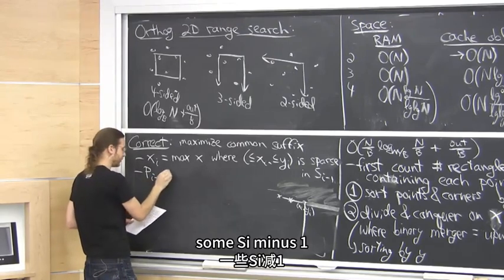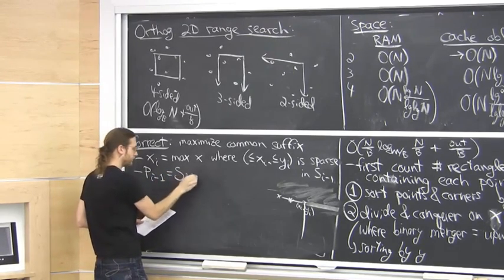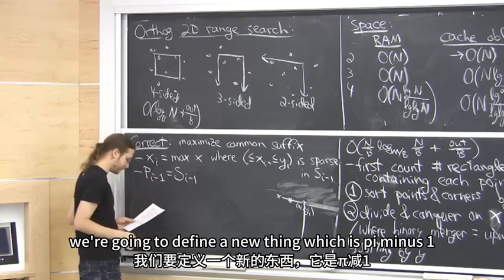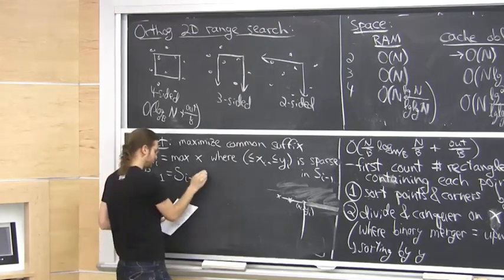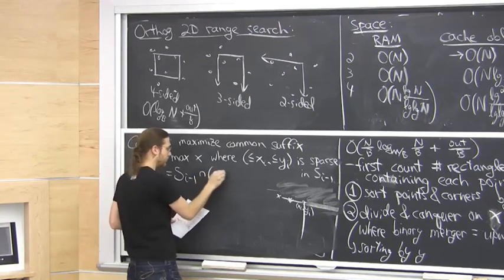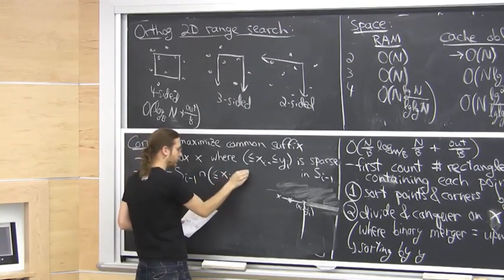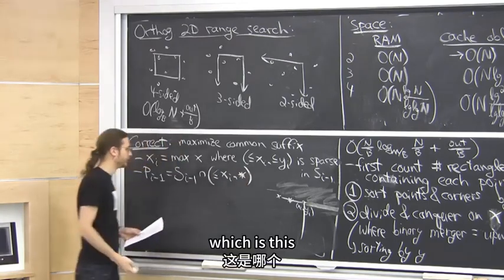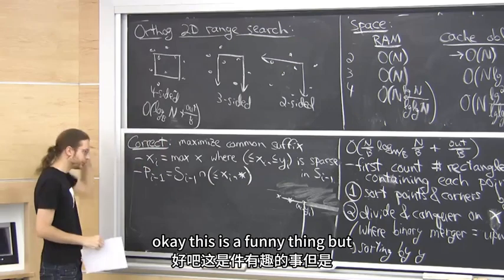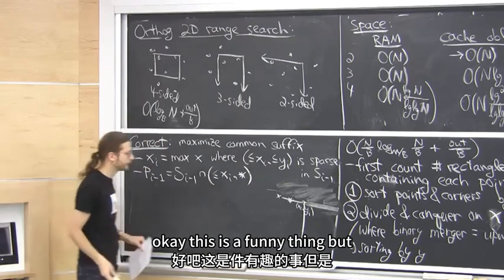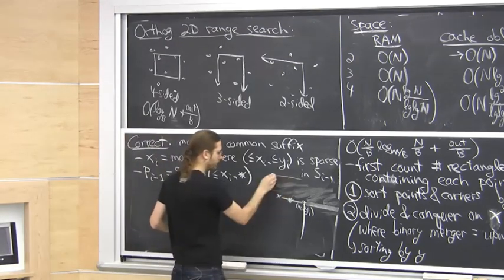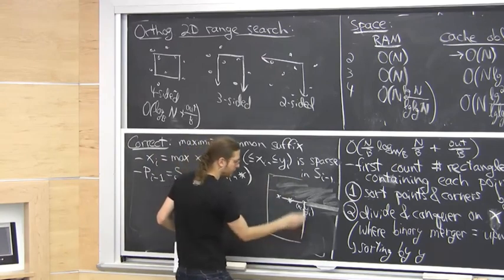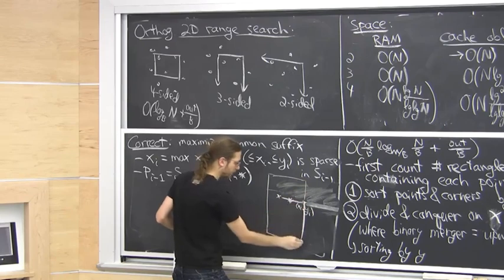some si minus 1, we're going to define a new thing, which is pi minus 1. Which is this. Okay, this is a funny thing, but it is this part of the point set.